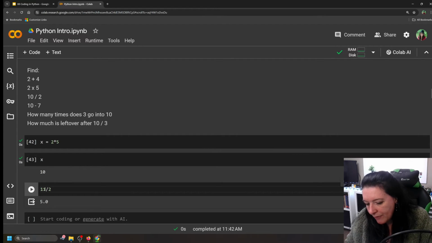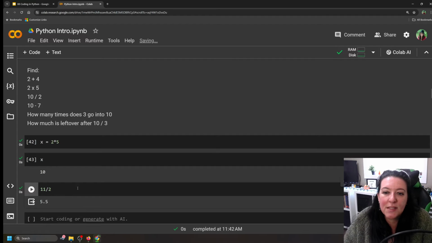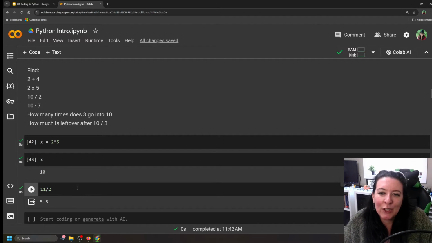If we do 11 divided by 2, we get 5.5. So that's the full division. But if you want to break this up into the whole number and the remainder, then you're looking at how many times 2 goes into 11 and how much is left over after 11 divided by 2.